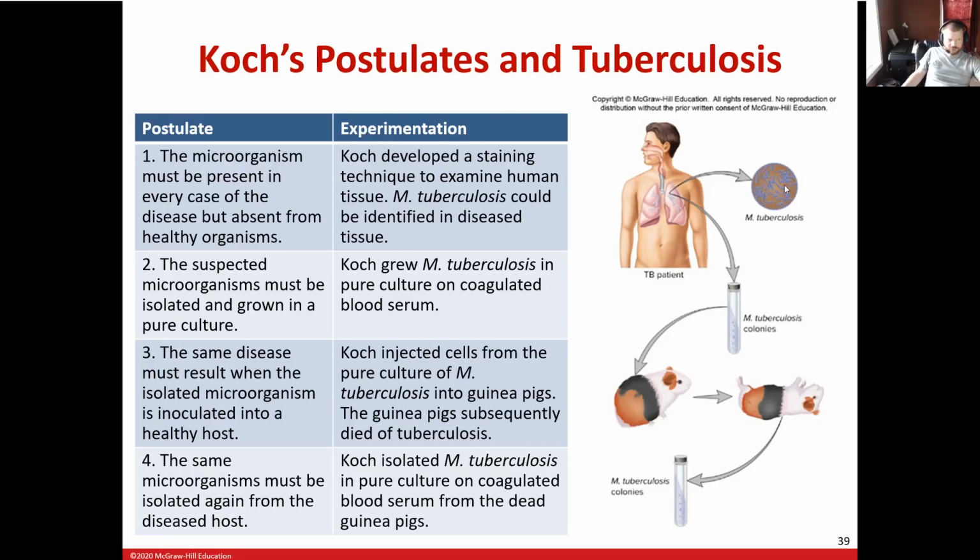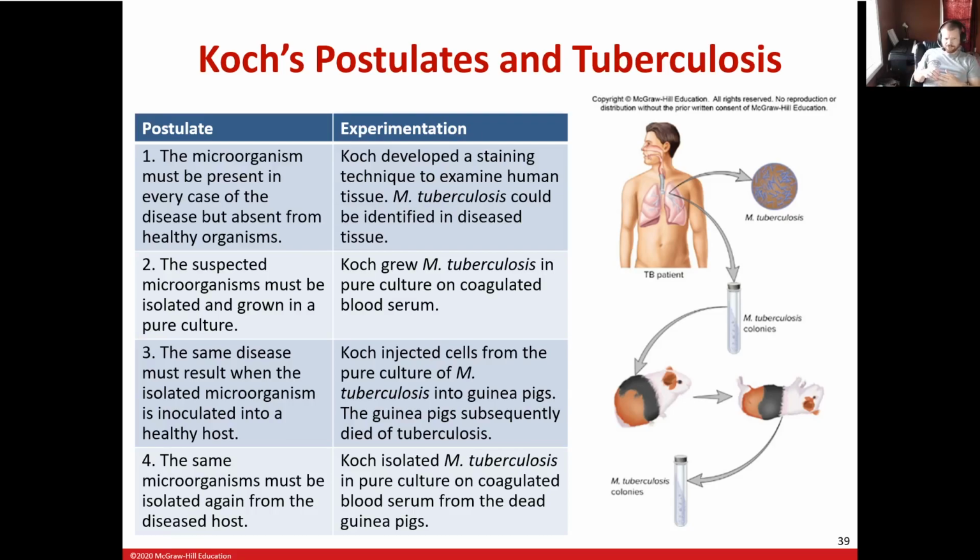And so here they're using tuberculosis as an example, right? So a TB patient, you isolate tuberculosis from it, you grow it in culture, you give it to the guinea pig, it then gets tuberculosis and dies, and then you isolate tuberculosis from the guinea pig, right?